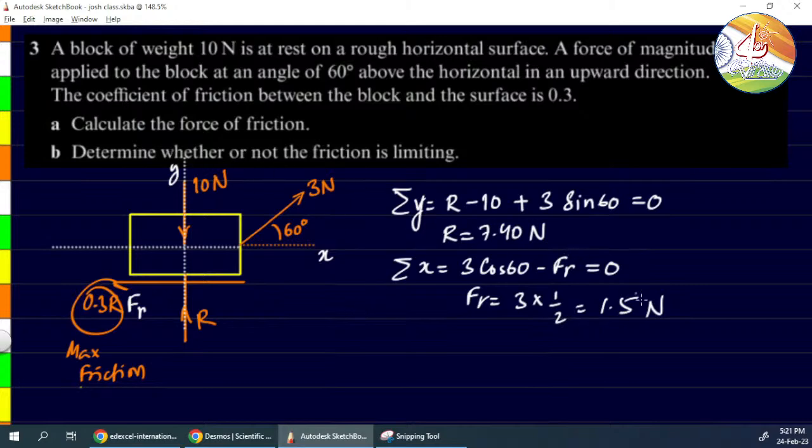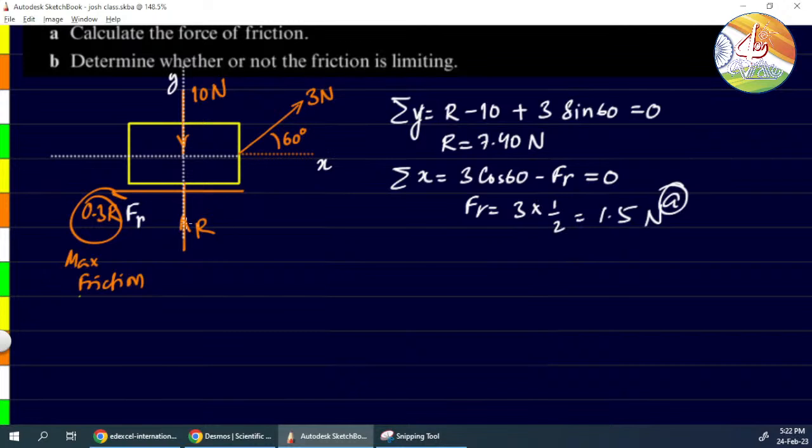Next, calculate force of friction. So FR we found. This is the friction force. Then find whether or not friction is limiting. For that, we need to find friction from the formula. What is the formula for friction? Mu times normal reaction.